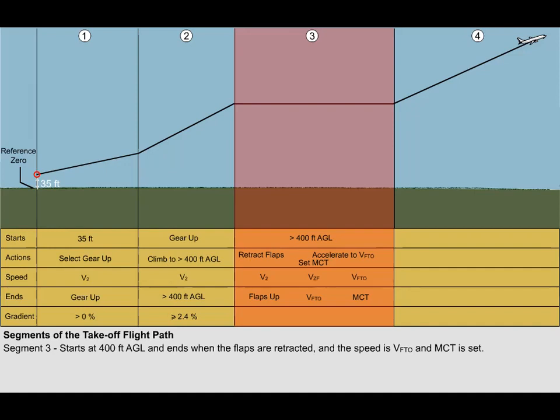The acceleration phase of this segment poses a climb problem. To climb, excess thrust is needed. However, accelerating the aeroplane also requires excess thrust. Therefore, it is not possible to adequately accelerate and climb at the same time, and as such, segment 3 can be flown level, as shown by the illustration.